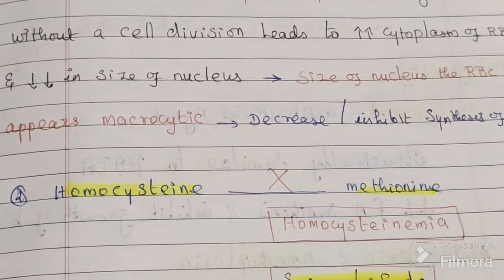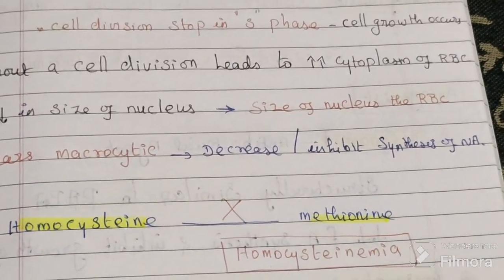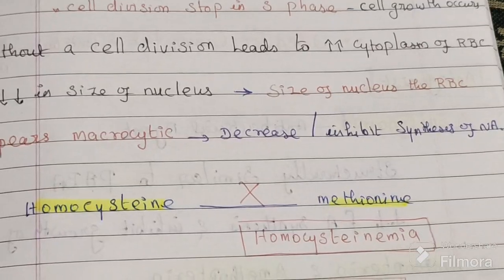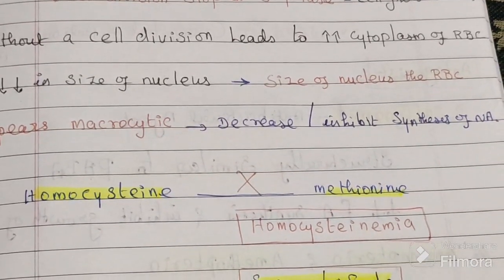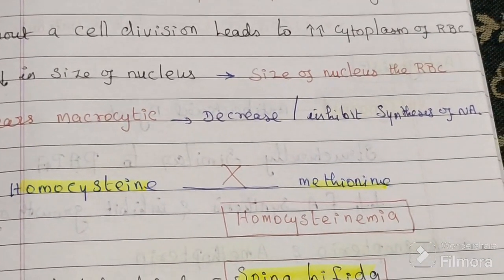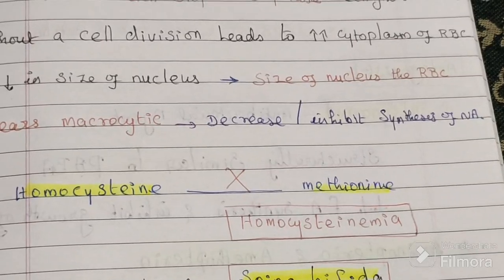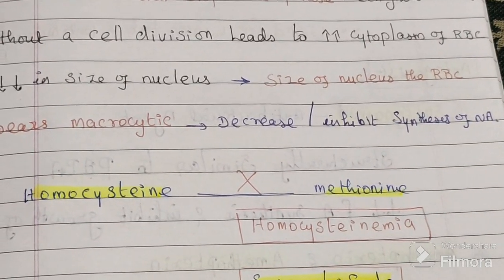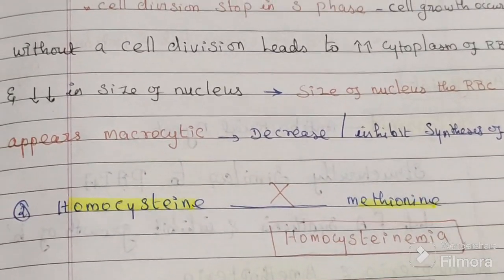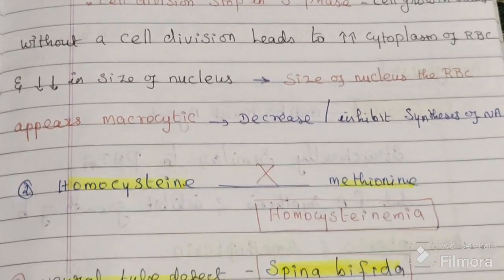There is large cytoplasm compared to the smaller nucleus, due to inhibited synthesis of nucleic acid. That's why there is megaloblastic anemia in folate deficiency.